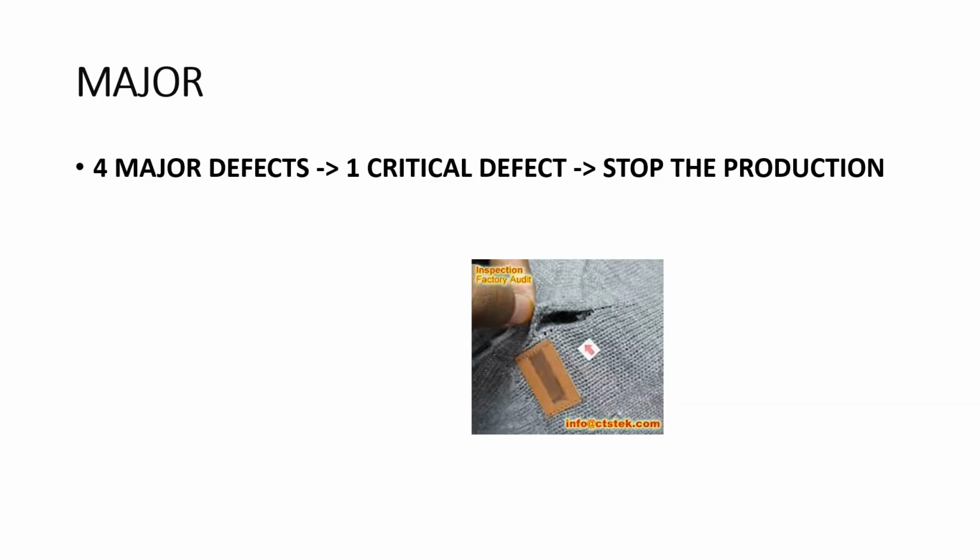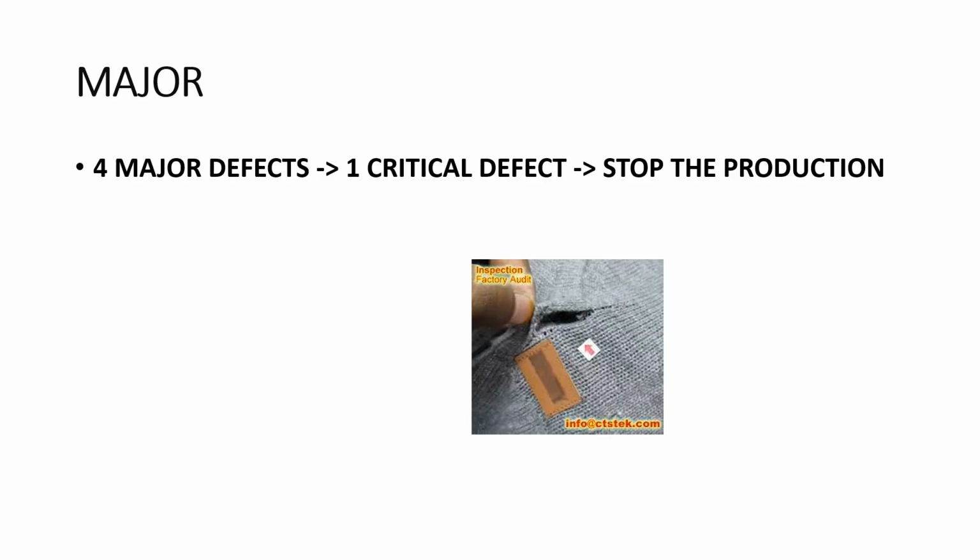Now students, this major defect and the critical defect, that is also another important information: in the apparel industry during the time of inspection, if there is one critical defect in a particular lot and there are major defects in the lot, then the inspector takes a decision based on this criteria.